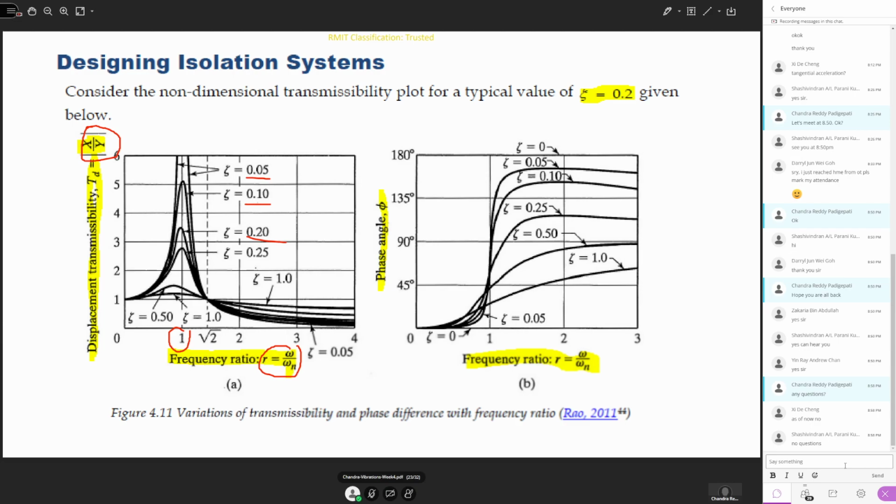But when the value is equivalent to square root of 2, you can see that the displacement transmissibility becomes 1. That means simply x is equal to y.